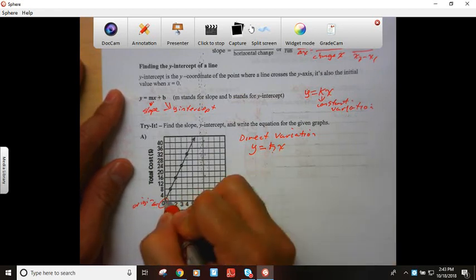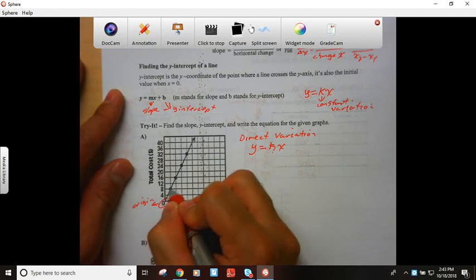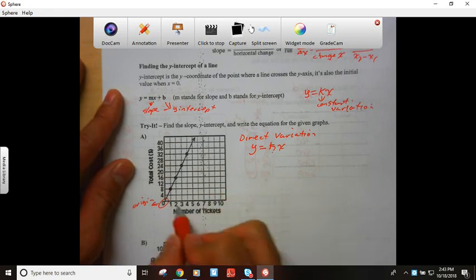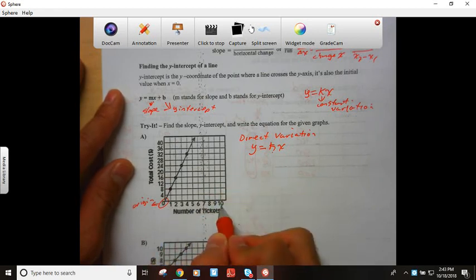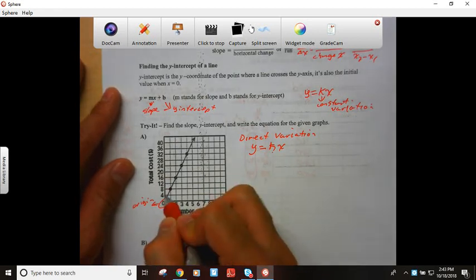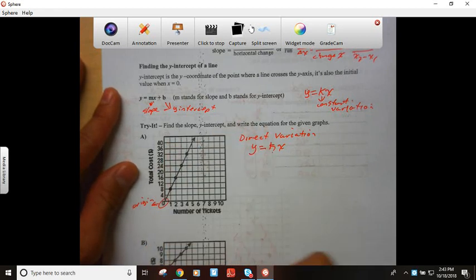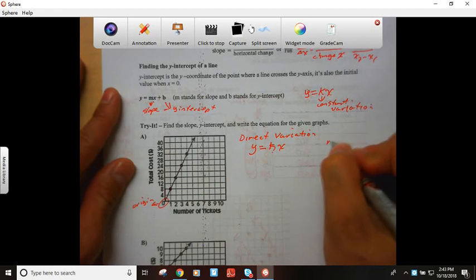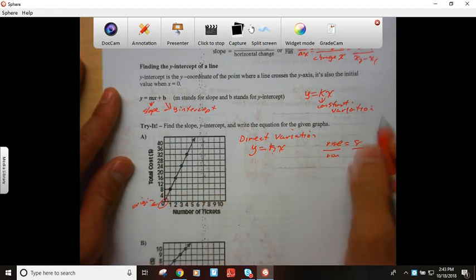So we find two clean points, and when I look at my points, always pay attention to how they're counting. They're counting by ones on the independent variable. They are counting by fours on the dependent variable. So I'm rising up 8, and then I am running over 1.